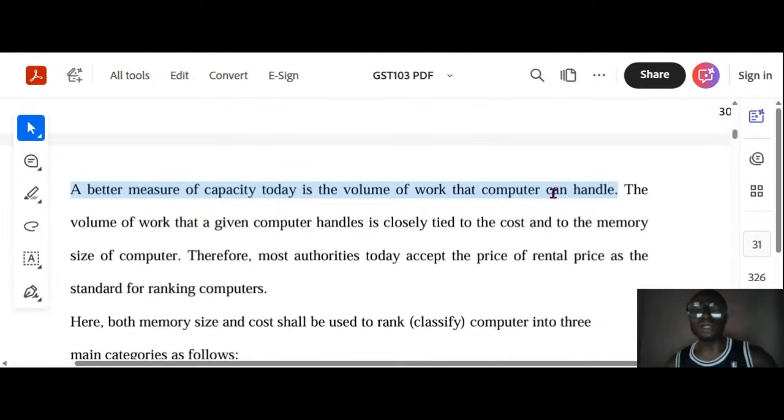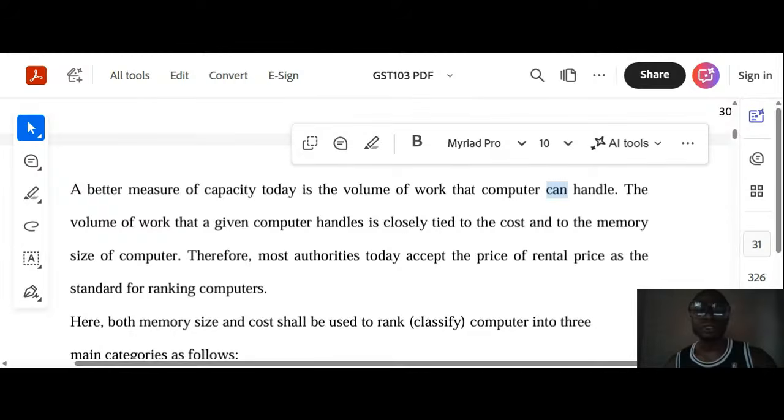There is a question in the TMA, and that question reads thus. Okay, the question says, presently, dash of work that a computer can handle is a better measure of computer capacity.